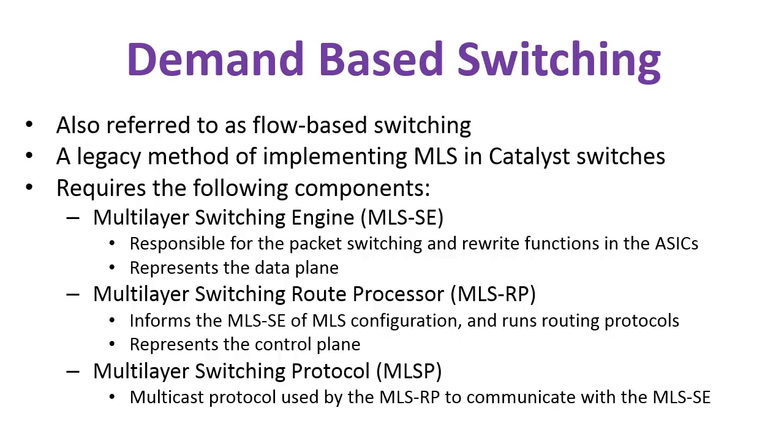The multi-layer switch route processor. This informs the switching engine of MLS configuration and runs routing protocols. This represents the control plane. And then finally, the multi-layer switching protocol. This is a multicast protocol used by the RP to communicate with the SE.